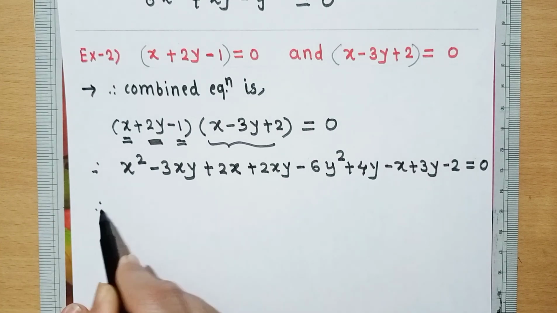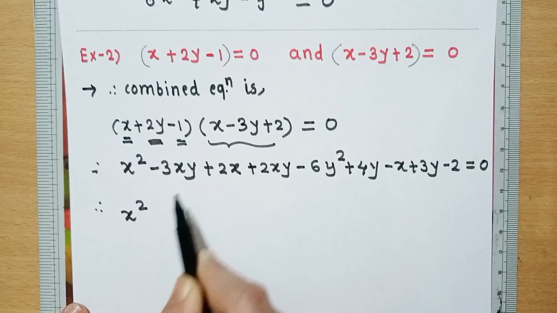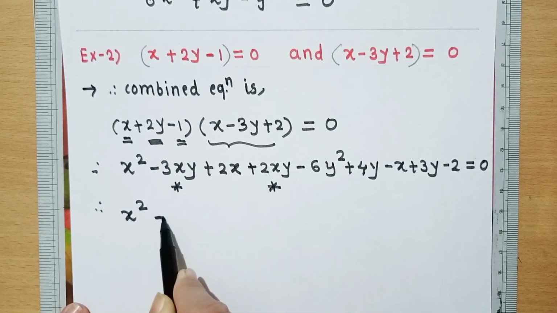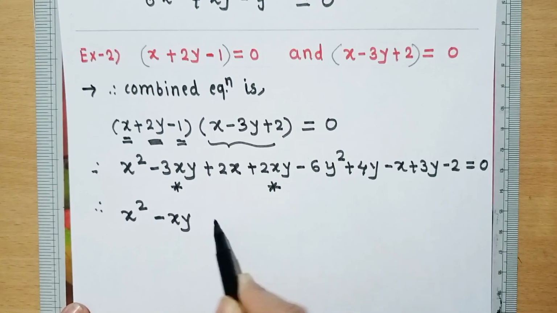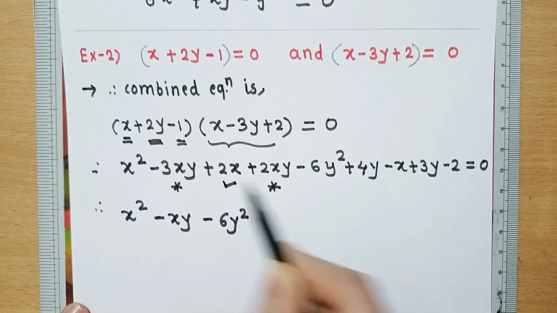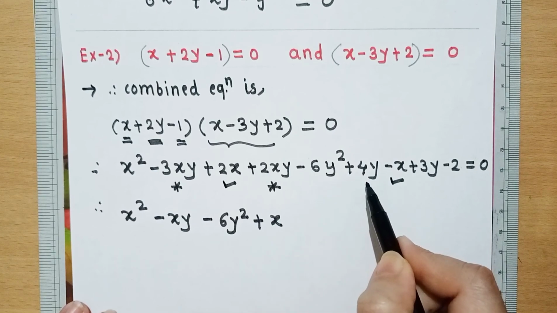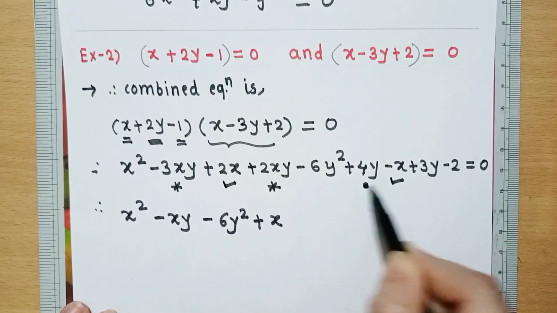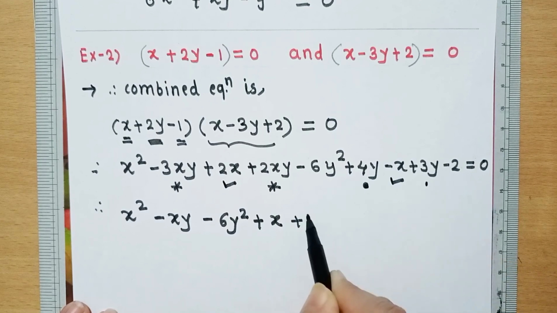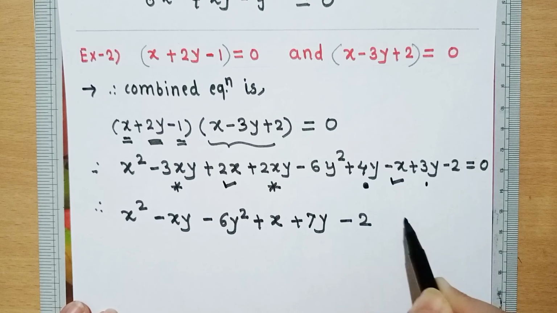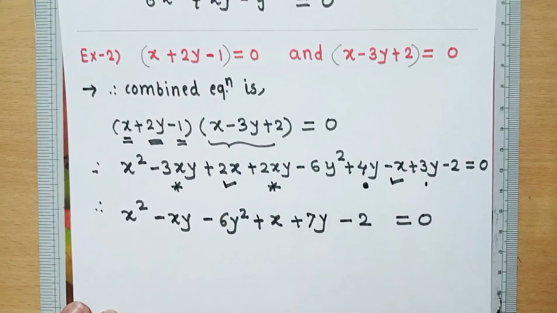Now simplify. So this is x square, then the xy terms: minus 3xy plus 2xy minus xy, then the y square term: minus 6y square, then write down the x terms: 2x minus x plus x, then we collect the y terms: 4y plus 3y, 7y, and then lastly write down the constant, which is minus 2, equal to 0. This is the required combined equation of the given two lines.